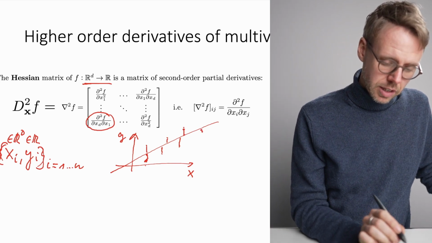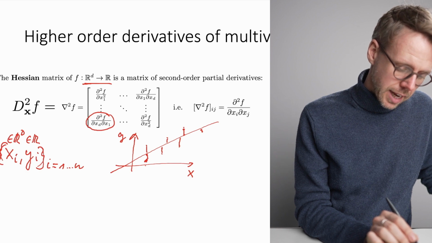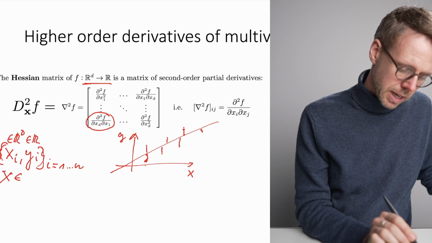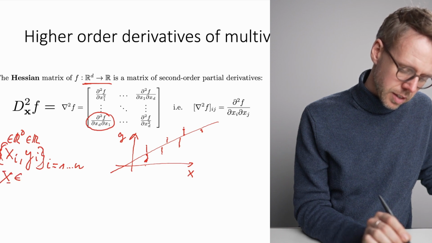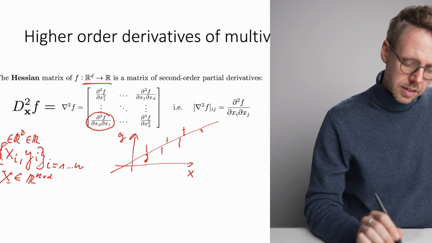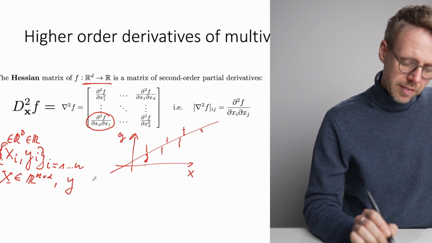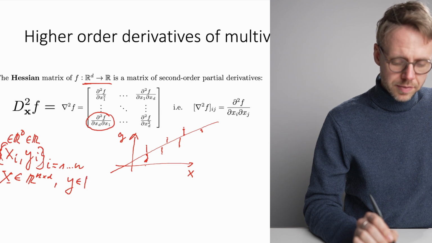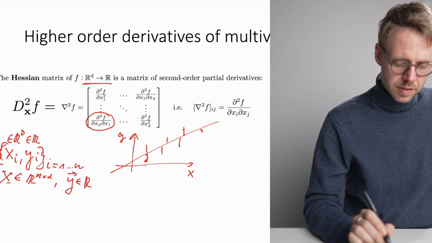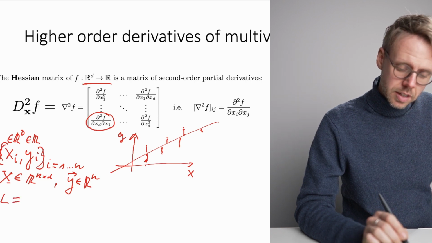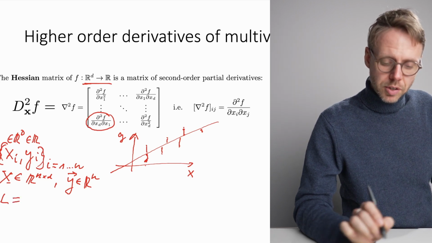And if we summarize all the x into an n by d matrix x, and all the y values into an n-dimensional vector y, what we want to minimize is our loss, which is the sum of the squares of these differences.